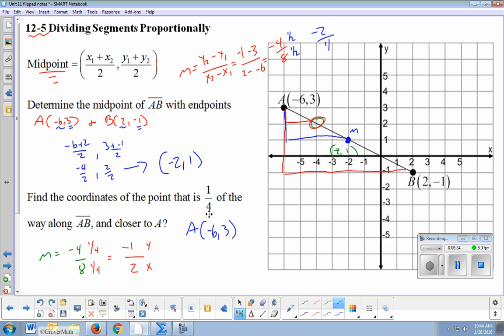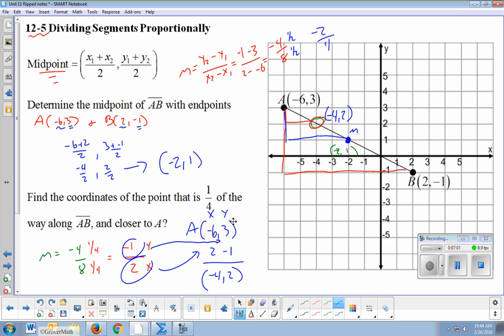Because a coordinate is x first, y second, but the slope is y on top, x on the bottom. That's why the bottom number needs to go paired with the x, and the top number gets paired with the y. So that's where that comes from. And then when I combine this together, I get negative 4, 2, which is what this point is right here, negative 4, 2.